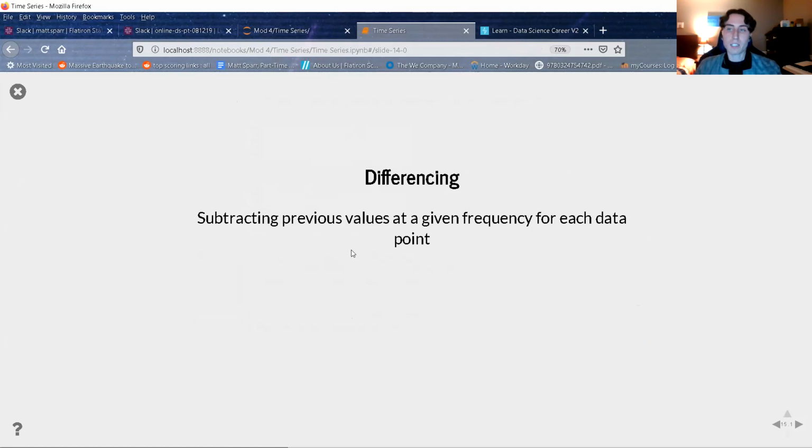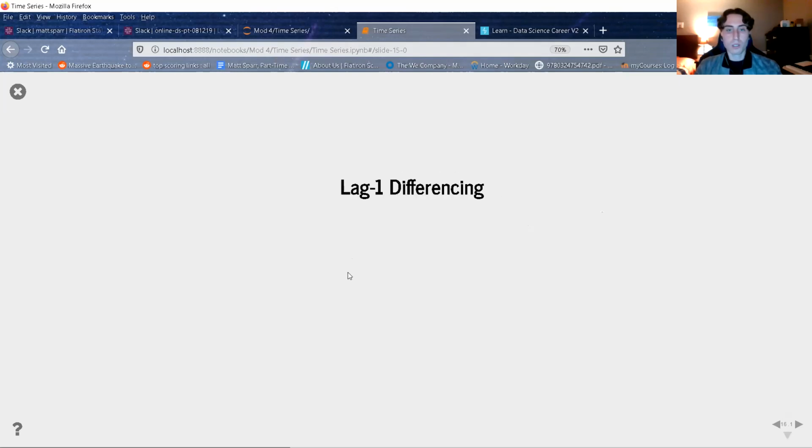Differencing is at each step in the time series, at each date, each month, or whatever frequency we have, we subtract the previous value at a given interval. So for example, if we do lag 1 differencing at each time point, so say we have these dates here, and then we have some values. So this is the base data.